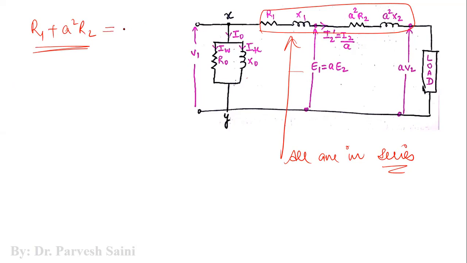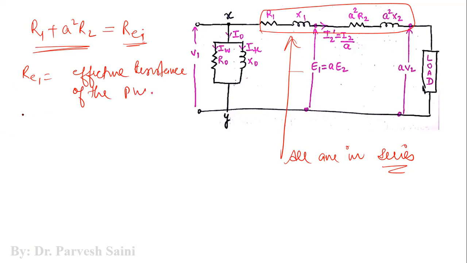So this will give me R effective 1. So RE1 is the effective resistance of the primary winding.